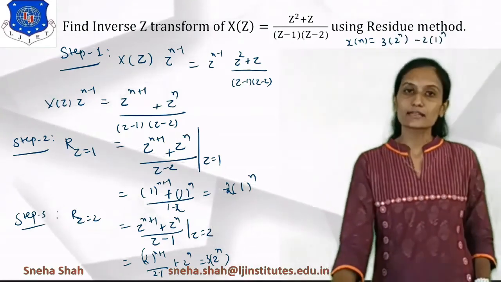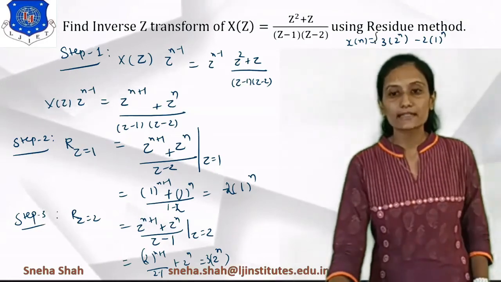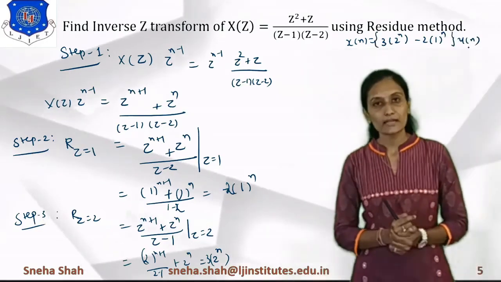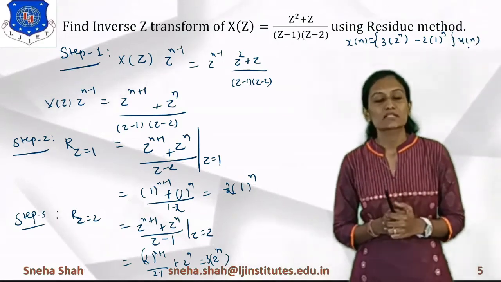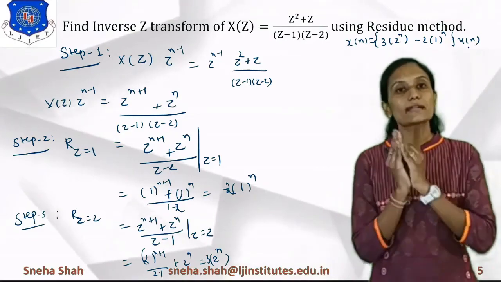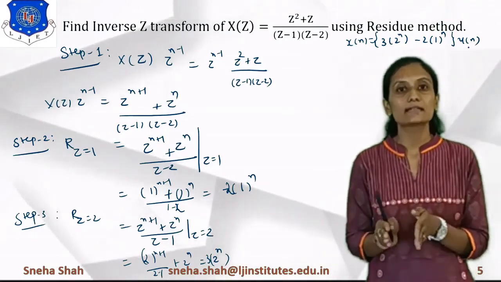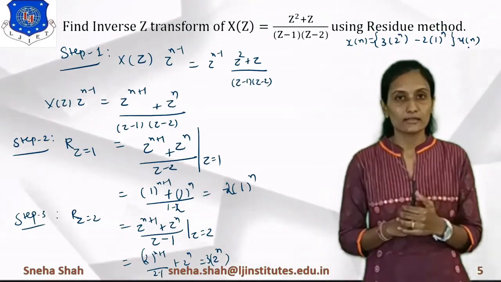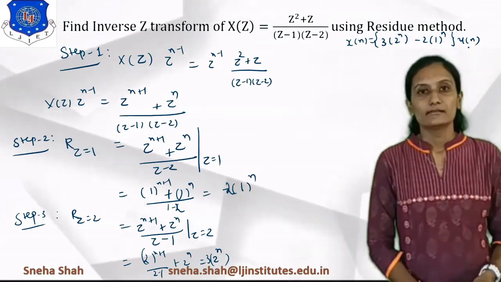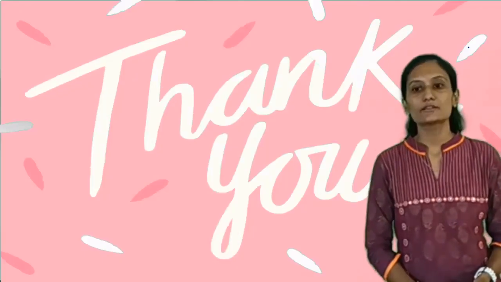This is for n greater than or equal to 0, or I can also write it multiplied with u of n, because we are finding the inverse Z transform using the residue method only for a causal sequence. So at last this signal will be multiplied with u of n. So this is your final answer. Thank you so much.